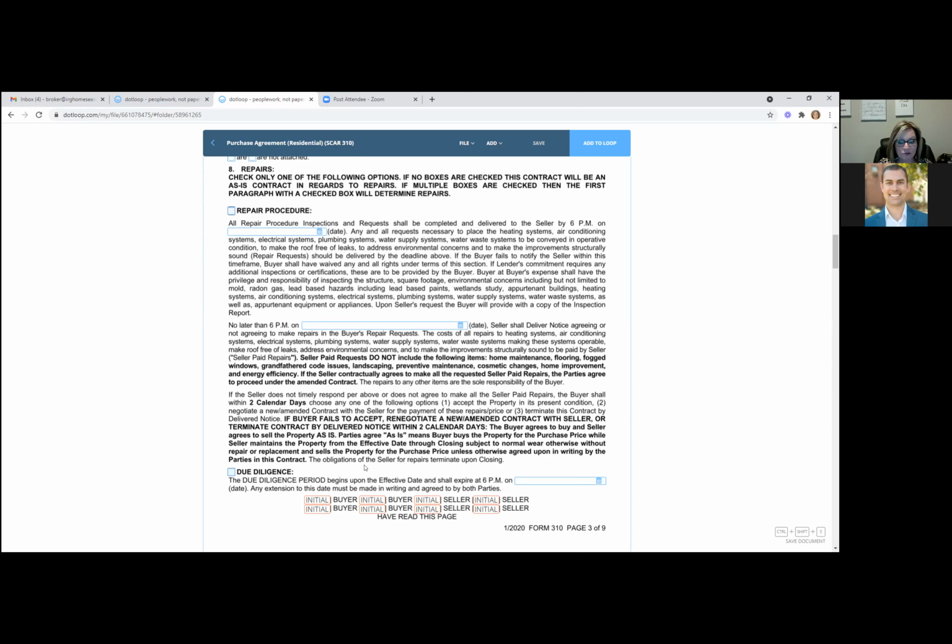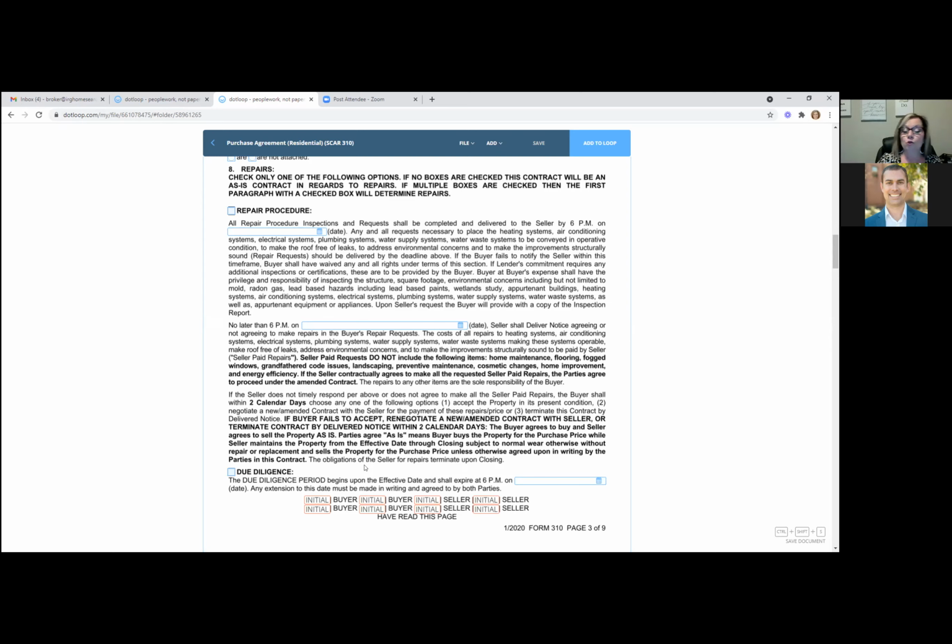They can't come back after closing and expect the seller to go back and do something because the contract says no. Explain that to your clients and make sure that they understand that they have the choice to have it re-inspected at their cost, or that you guys can go through each item on your final walkthrough.